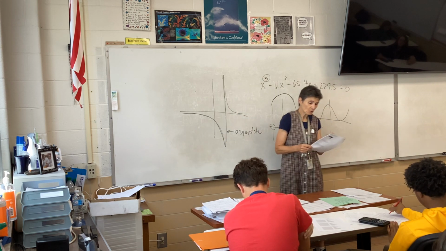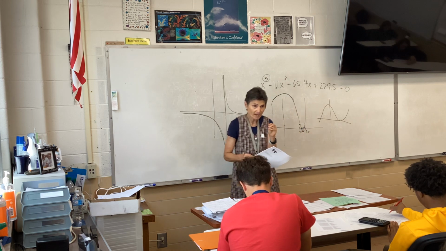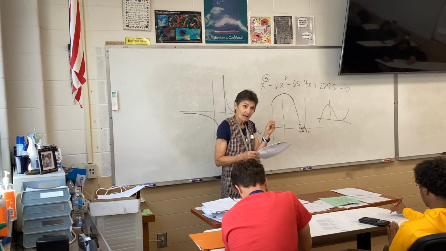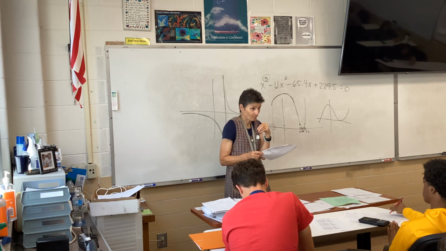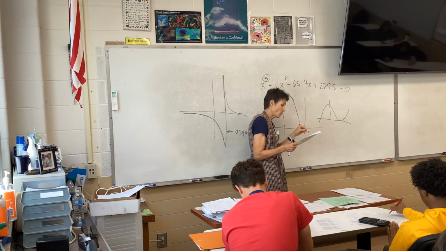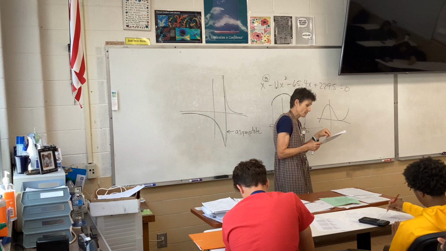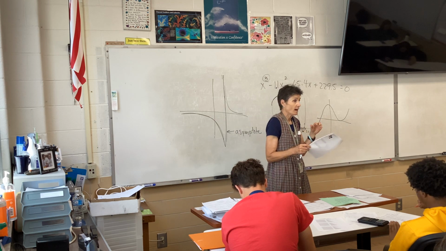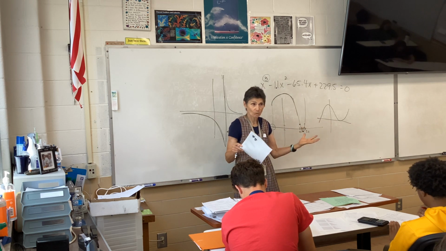Now, the other 2 equations are lines, right? But one of them has a positive y-intercept, and the other one has a negative y-intercept. So those are easy to match up. The top equation is the middle picture, and the middle equation is the bottom picture. I can tell that simply because of the y-intercepts.